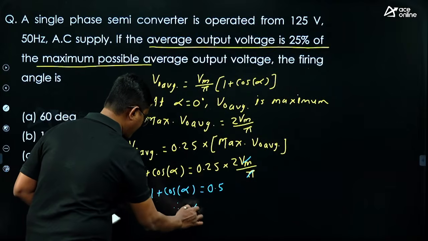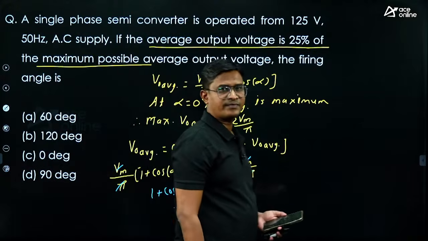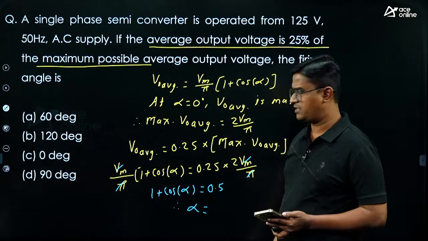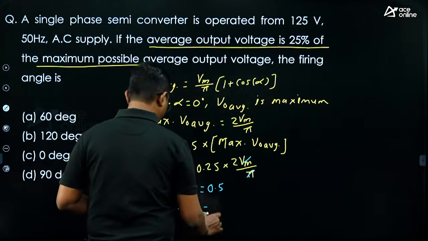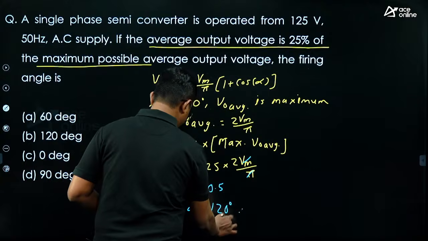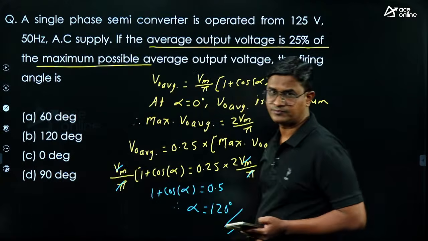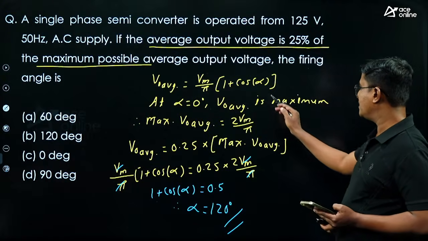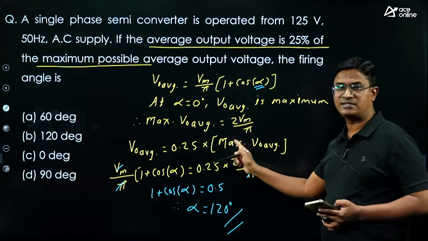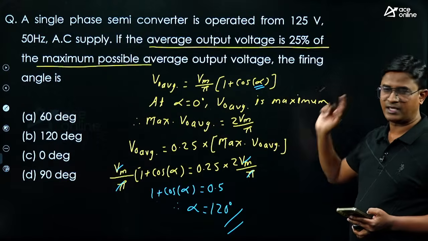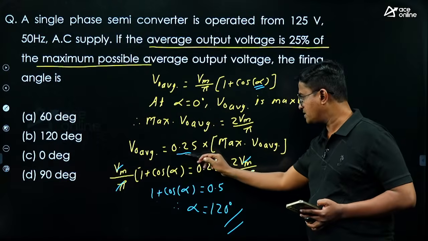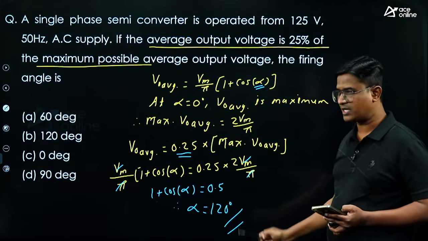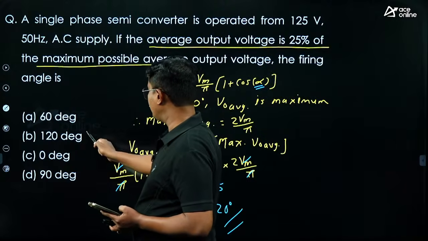From this can I get alpha? Yes. So cos alpha becomes 0.5 minus 1, that is minus 0.5, which is nothing but 120 degree. Please understand, if alpha is 0 degree, then your maximum output voltage will be there. For V0 average of 25% of maximum, you simplify like this. So the answer should be 120 degree.